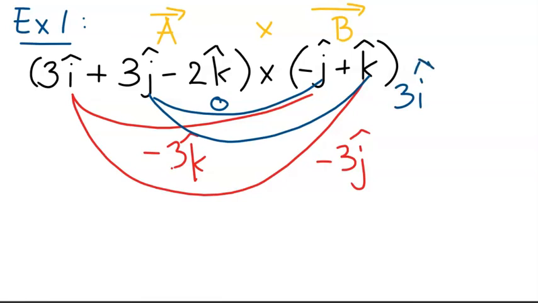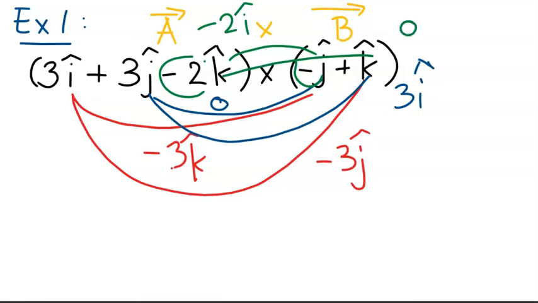And finally, k with j. So k cross j is minus i hat, but then you have a minus 2 and minus 1, so that's going to give you 2. 2 times minus i hat is minus 2i hat. And then k with k gives you 0.